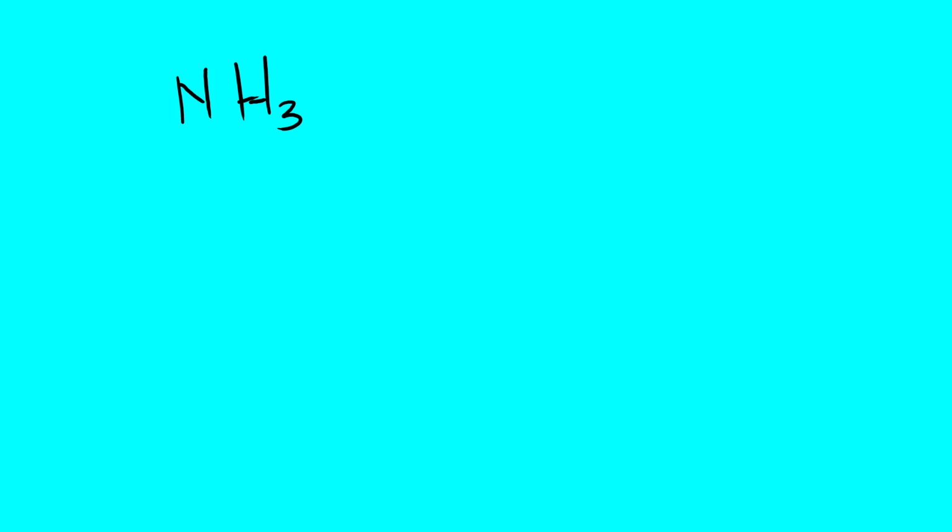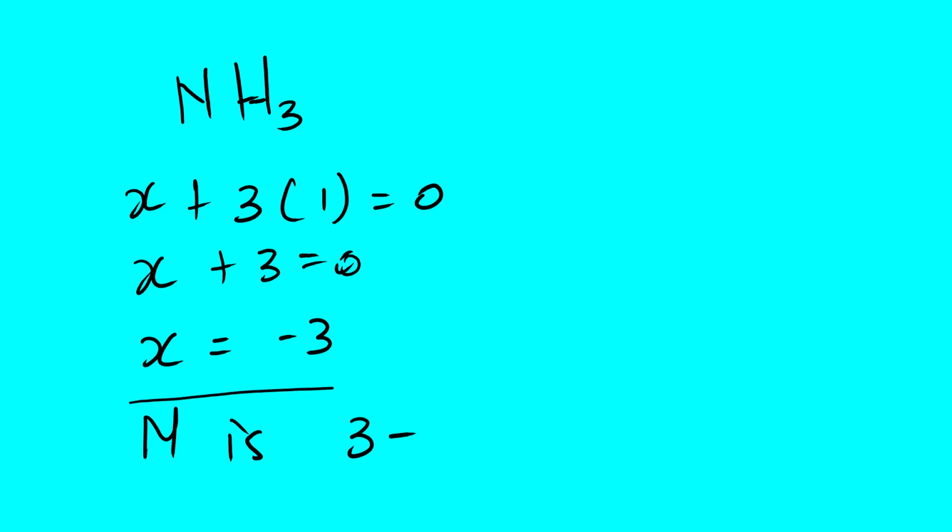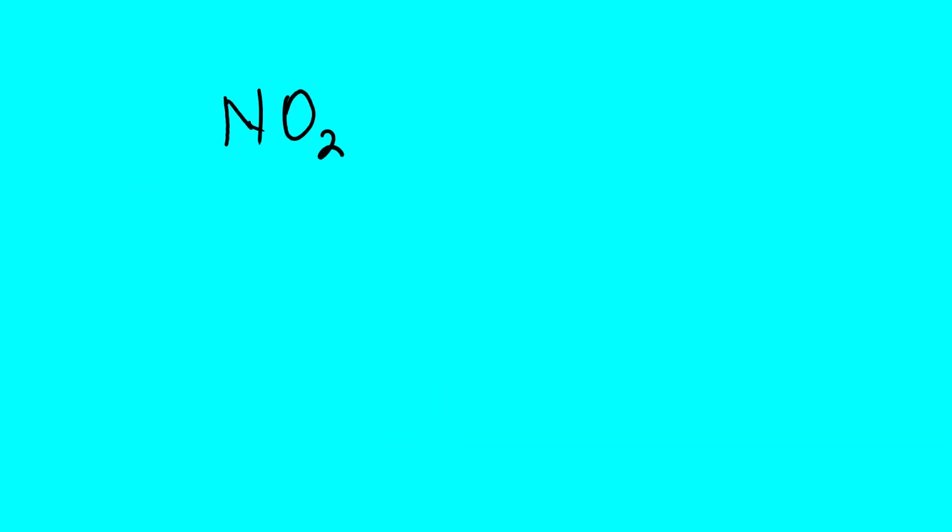What is the oxidation number of nitrogen in ammonia? So we have x plus 3 times 1 equals 0. X plus 3 equals 0, so x is -3, which is 3 minus. Next, nitrogen dioxide. What is the oxidation number of nitrogen?